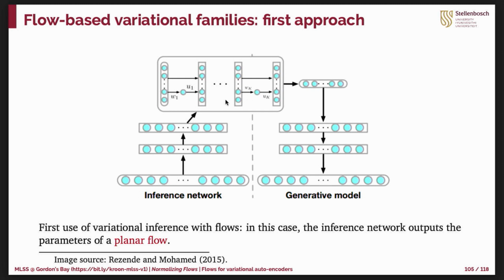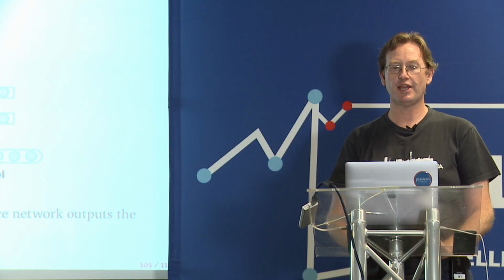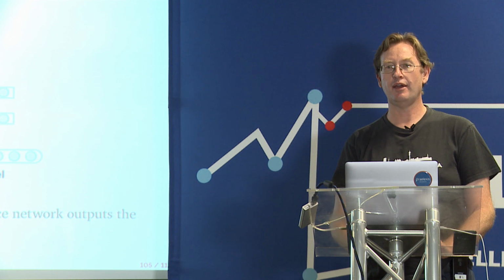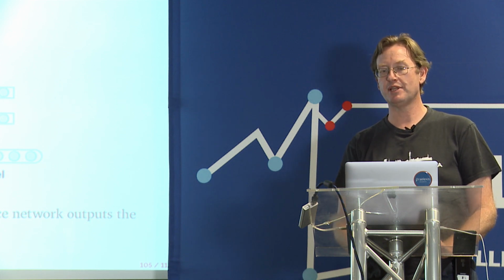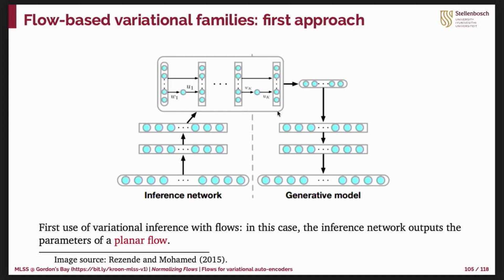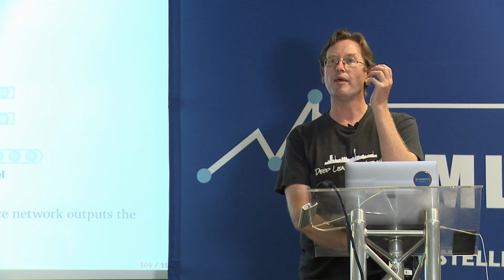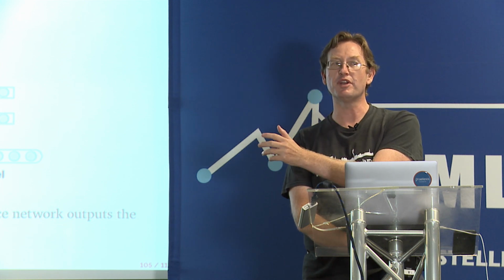This is exactly the same as I output a mean and a variance, I sample from a standard Gaussian, and I apply an affine transformation. It's just a more complicated transformation, which means that the distribution over z that I get here can be more complicated. It can more closely fit the true posterior. I don't just want to make it complicated for nothing. I want my variational distribution to be richer.